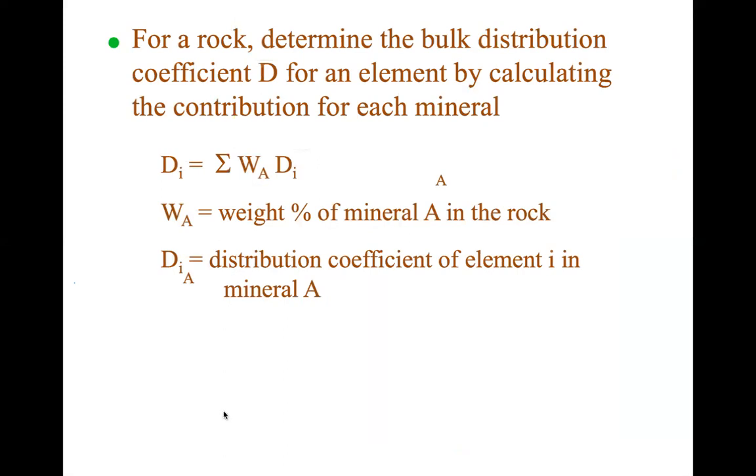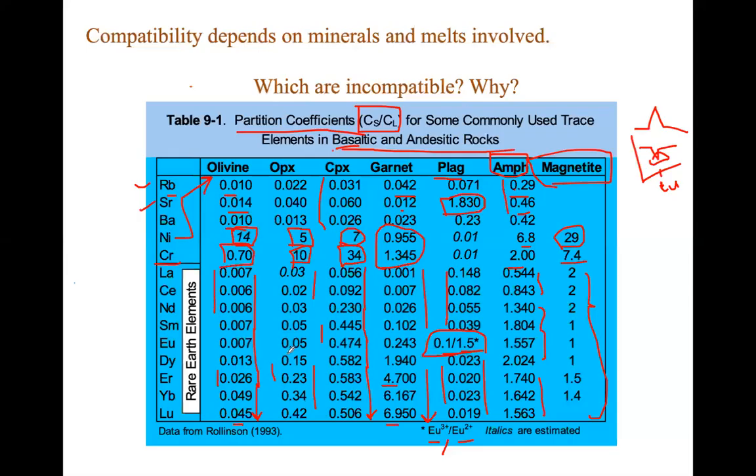So the partition coefficients that we considered were for minerals, right? For each phase. But if you take a rock as a whole, then you have to consider everything there. That means you have olivine, you have OPX, you have CPX, everything is there in different proportions.